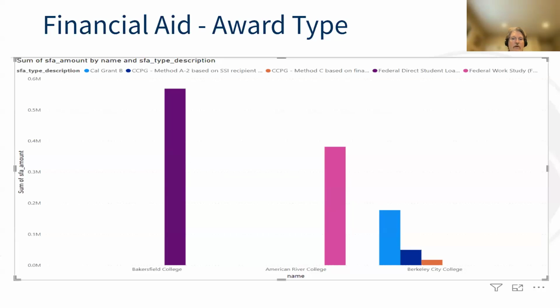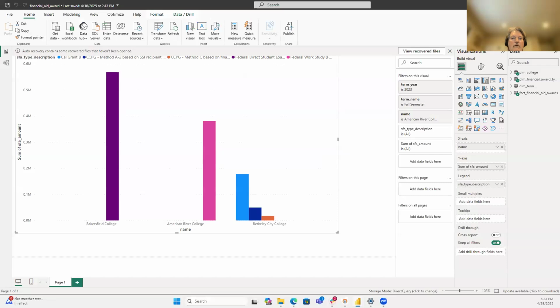And so you can select whatever college you want, and whatever types of awards you want. And so these marts are designed for any BI tool. It doesn't have to be Power BI; it could be Tableau or anything else that you want to use.